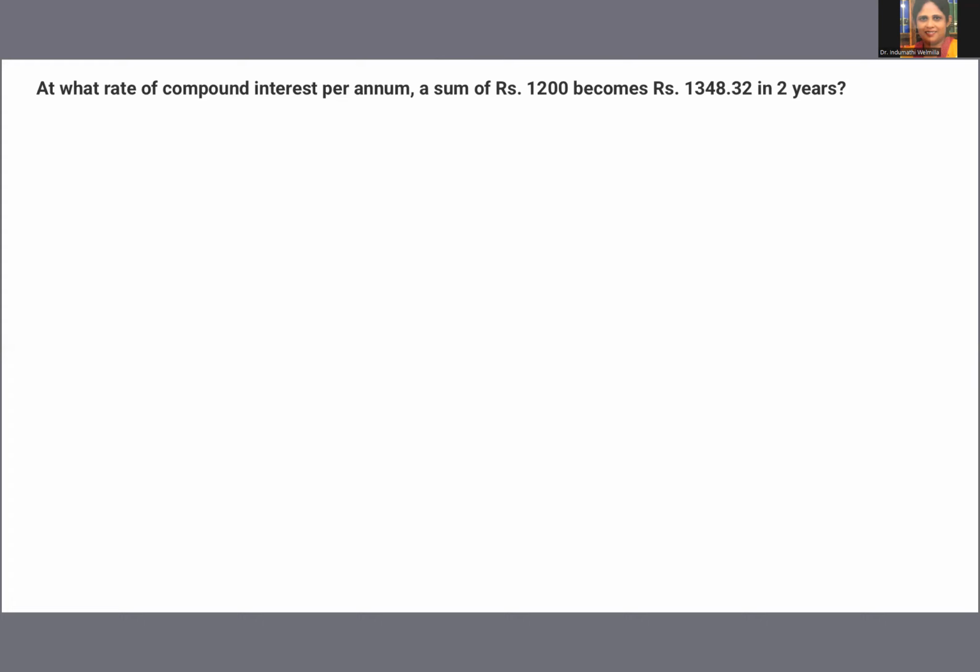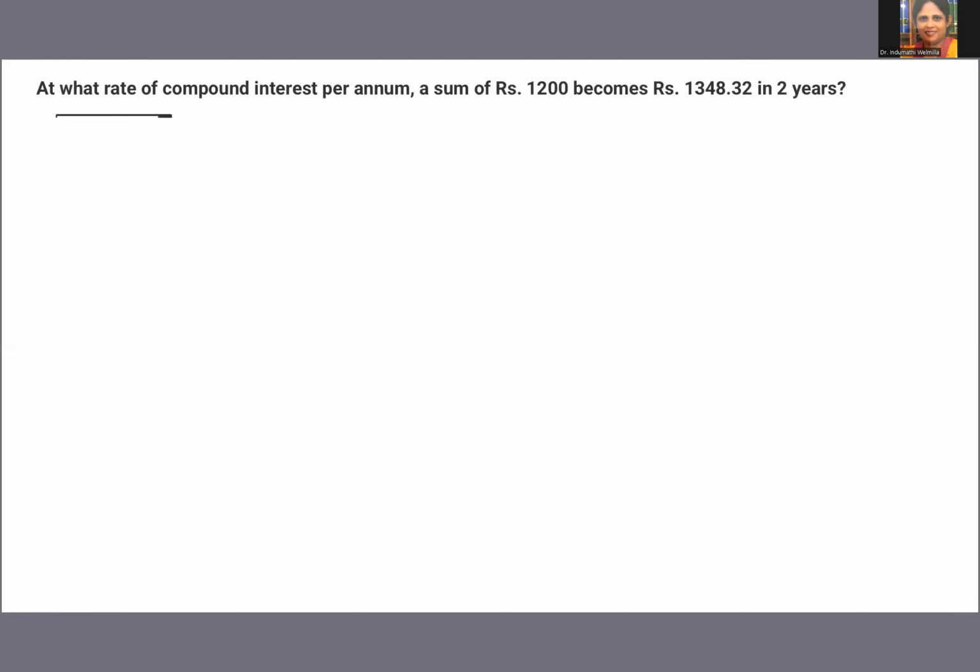This example is asking at what rate, it's asking the rate, not the interest. At what rate of compound interest per annum does a sum of 1,200 become rupees 1,380.48 in 2 years? I think you can understand the question.